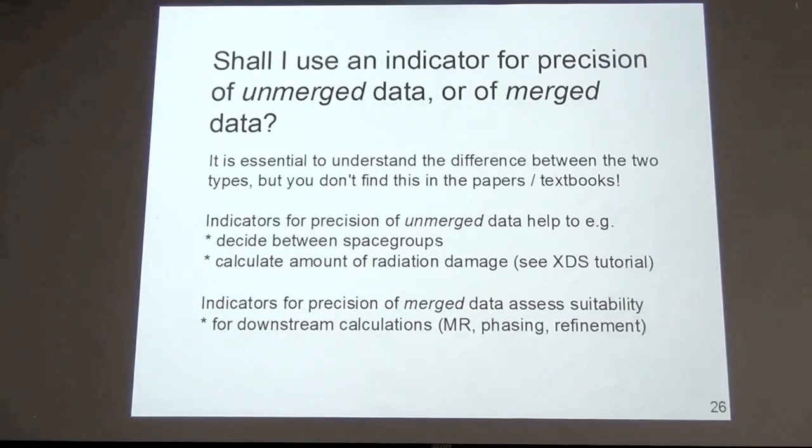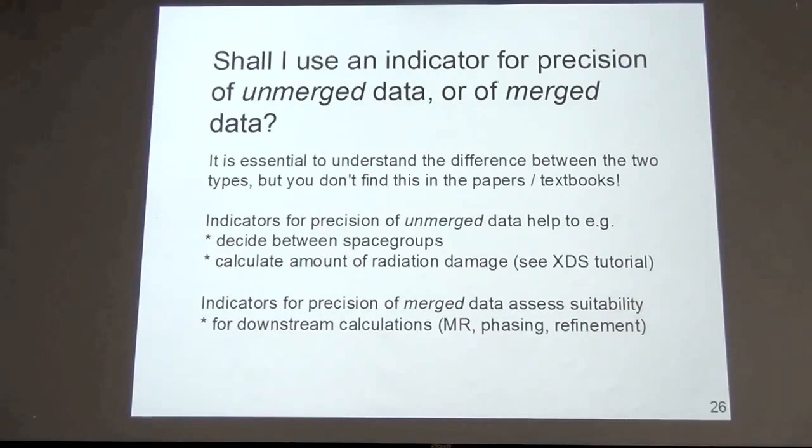So R merge, for example, doesn't tell you anything about the suitability for phasing. Sorry, this is maybe a little bit provocative, but it's a completely wrong idea that R merge is going to tell you something about molecular replacement or refinement success. It just doesn't work like that.